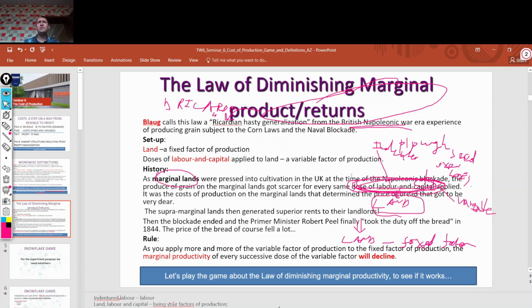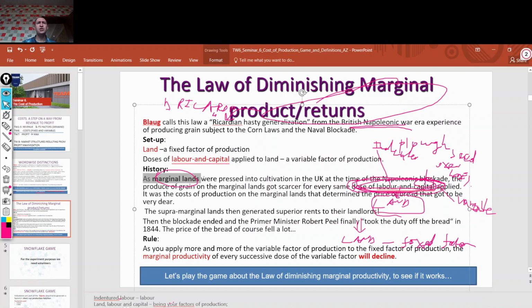During the Napoleonic Wars, having to work very marginal lands up north in Britain, pressing them into circulation, resulted in a very high cost of bread because the labor on those lands had to be compensated, so the price of bread shot up to make the production economically feasible.